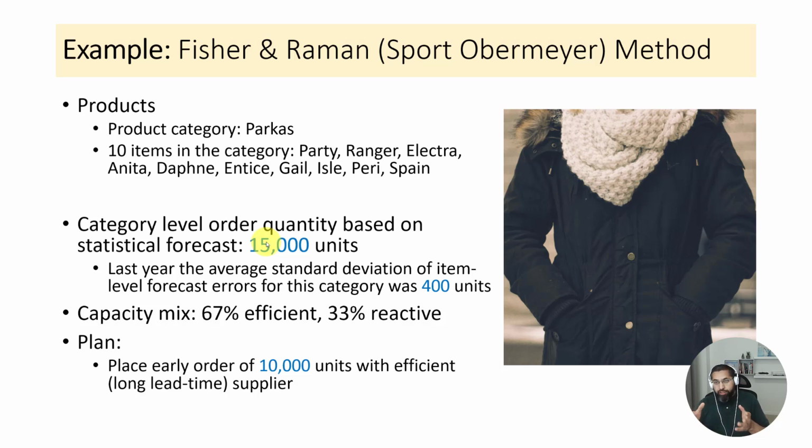So Fisher and Raman worked with Sport Obermeyer. Fisher was, I believe, at the Wharton School at the University of Pennsylvania, and Raman was at Harvard Business School. Anyway, in the 1990s, they worked with Sport Obermeyer to solve this problem they had: how do you implement accurate response?